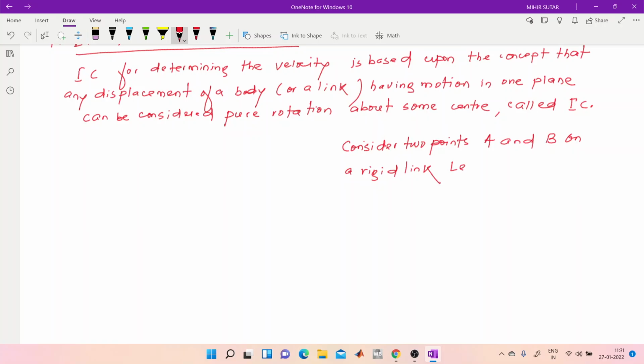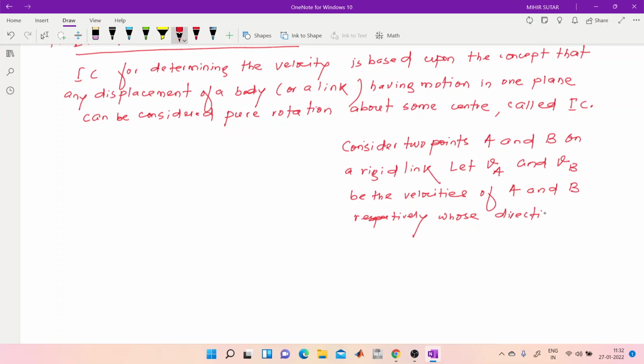Let VA and VB be the velocities of A and B respectively, whose directions are alpha and beta.